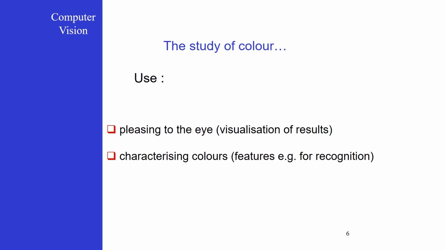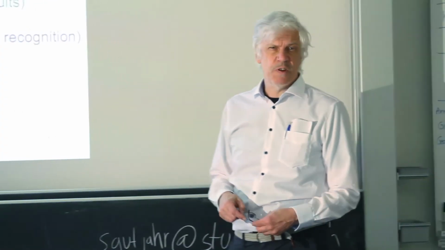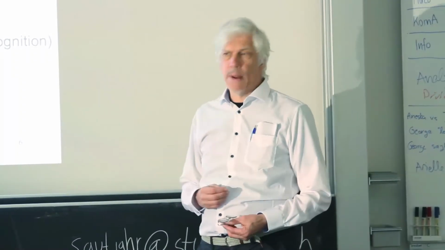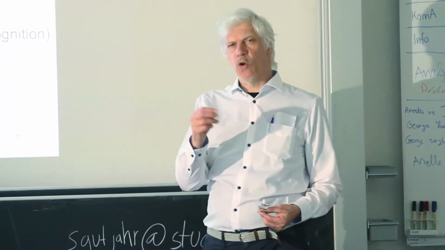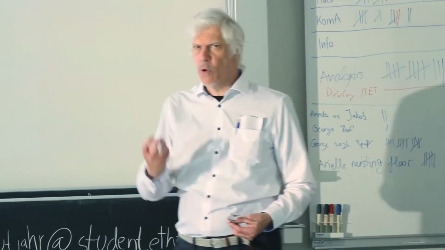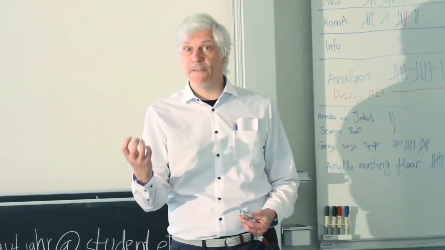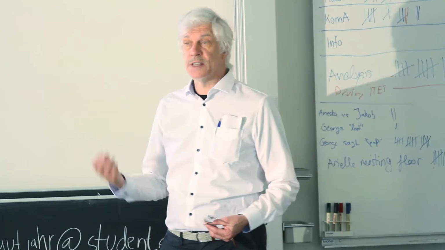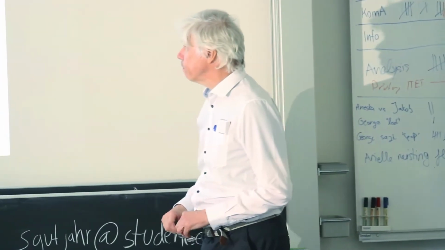But also as a feature it can be very interesting. If you, for instance, are working in an agricultural application, you have to inspect the quality of fruit. Often the color plays a crucial role. So you want to somehow use color also as a feature to do your analysis and make your classification.